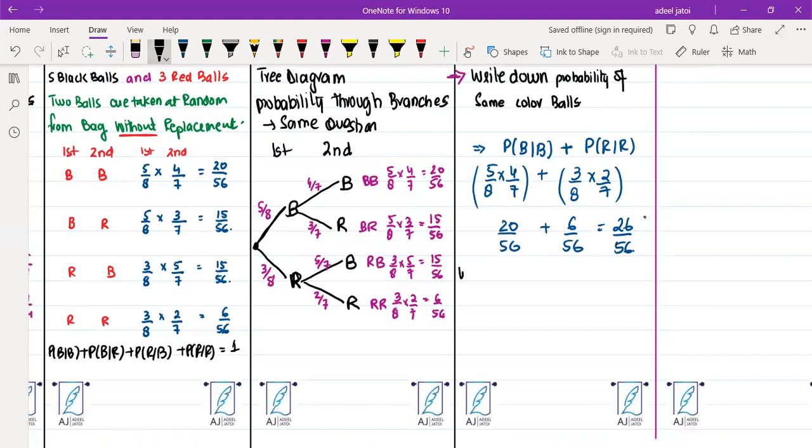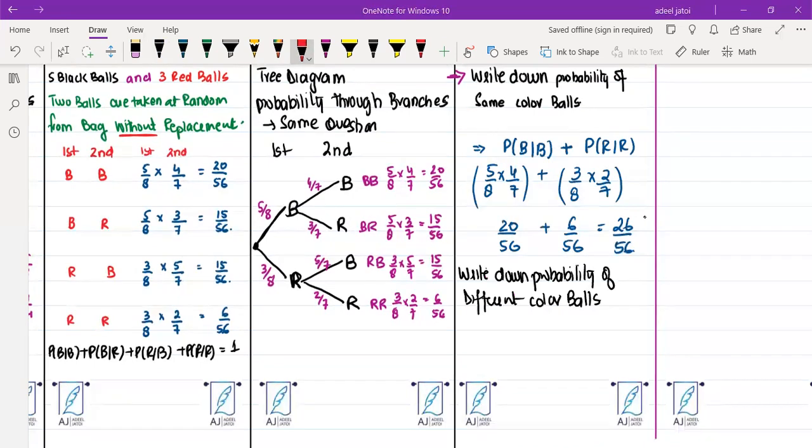Now, again, write down the probability of different color balls. Now, what does different color balls mean?